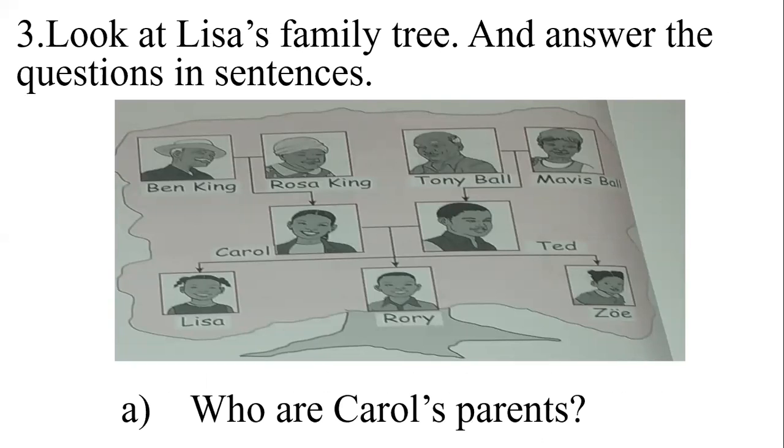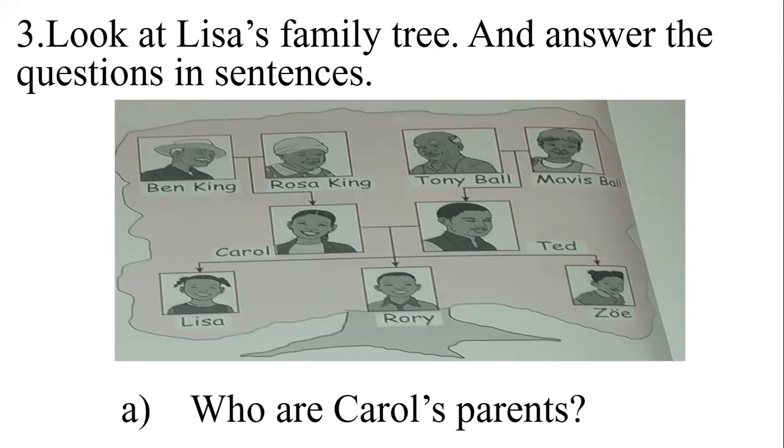Now, you're going to turn to page 26. Number 3, look at Lisa's family tree and answer the questions in sentences. So A, let's look at the family tree together. On my left, we have Ben King and Rosa King.